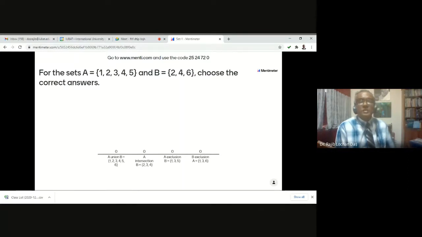In this, there may be multiple correct answers, not only one. So read the question, try to understand, then check the correct answer. There may be one or more.